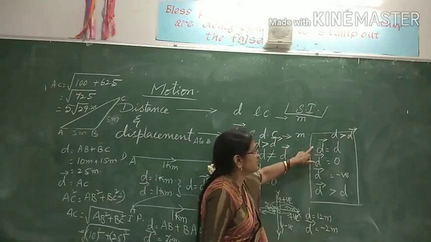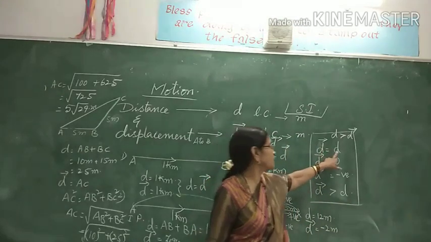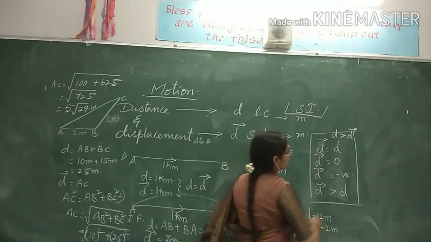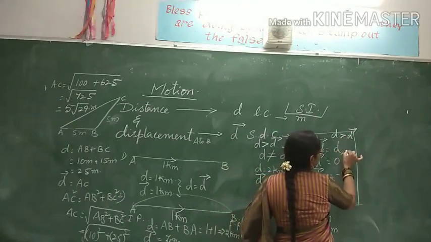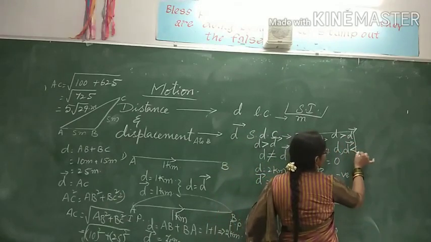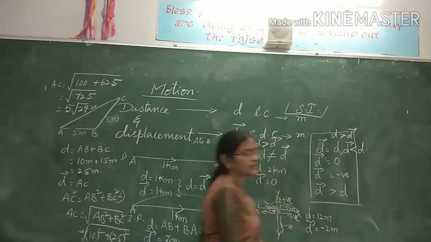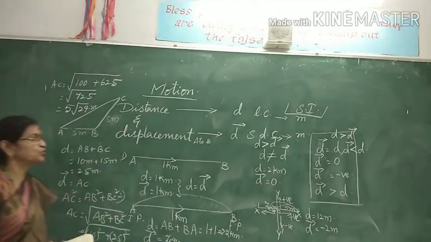But displacement may or may not be equal. And always the opposite of this is displacement is always less than distance covered. Understood? Now shall we move on to the next part?